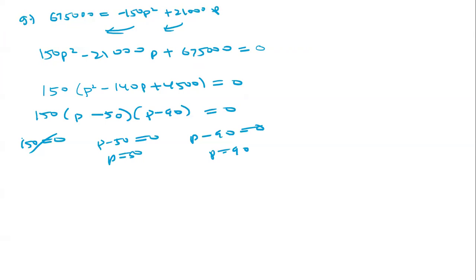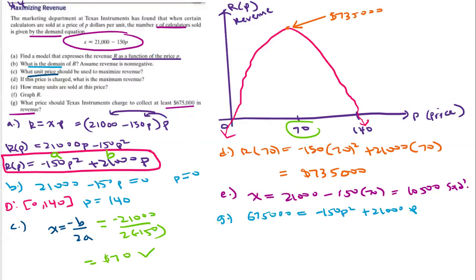So what does that mean? What do these numbers mean? It's saying that if we charge between $50 and $90, that's going to be our sweet spot where we can make at least $675,000. If I go back here, our maximum we had at 70 was 735,000.